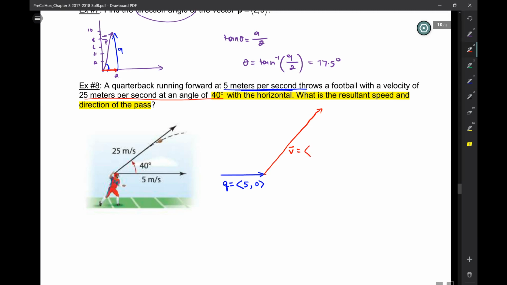So what is its x component? 25. Is x cosine or sine? Cosine. So it's 25 cosine 40. And then the y component is 25 sine of 40. What I need is this. This is Q plus V.